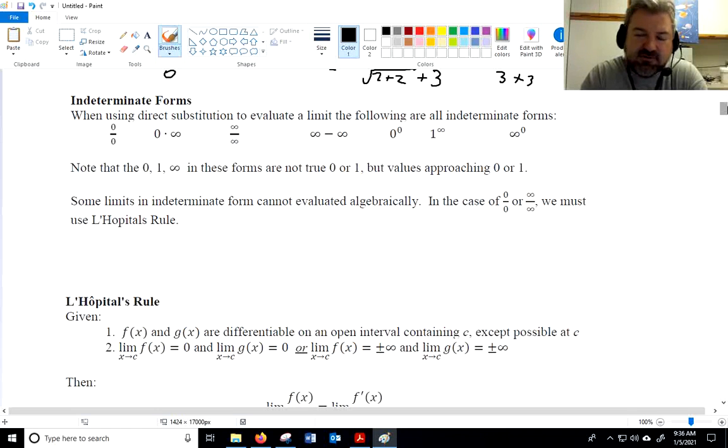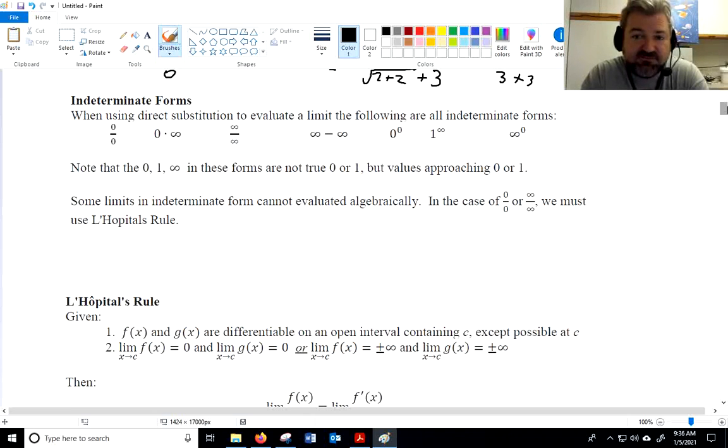Well, what about a number going to 0 times a number going to infinity? Well, that, again, could be anything. It could be 0 if the number going to 0 is going to 0 really quickly. It could be a number going to infinity if instead one number is going to 0 slowly, the other number is going to infinity quickly, and so then the infinity wins out. Infinity divided by infinity, we talked about that.